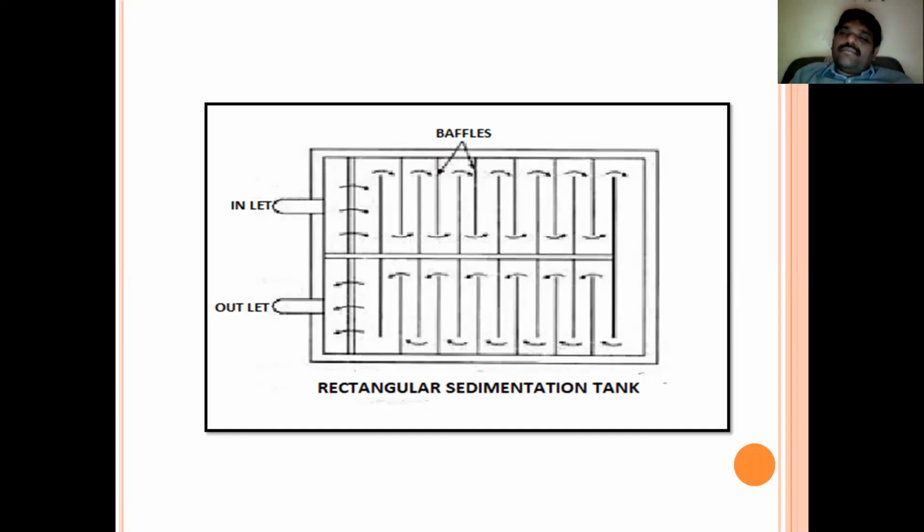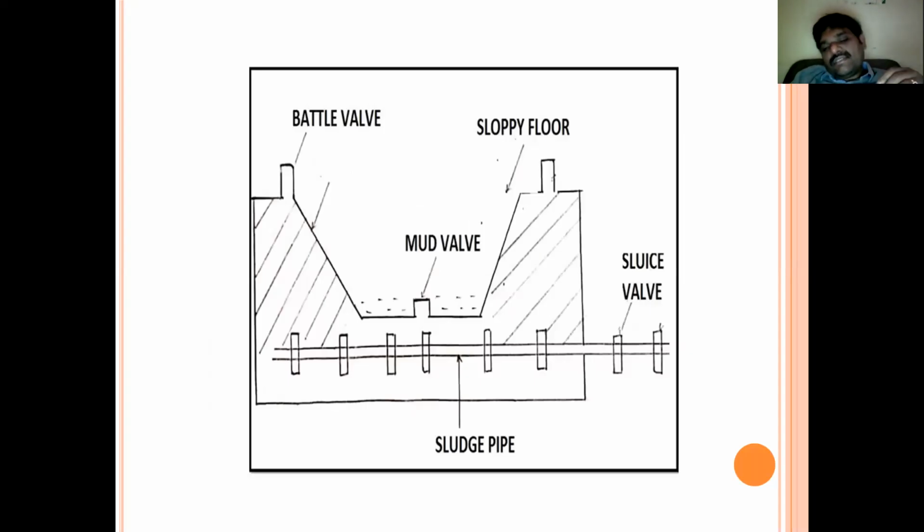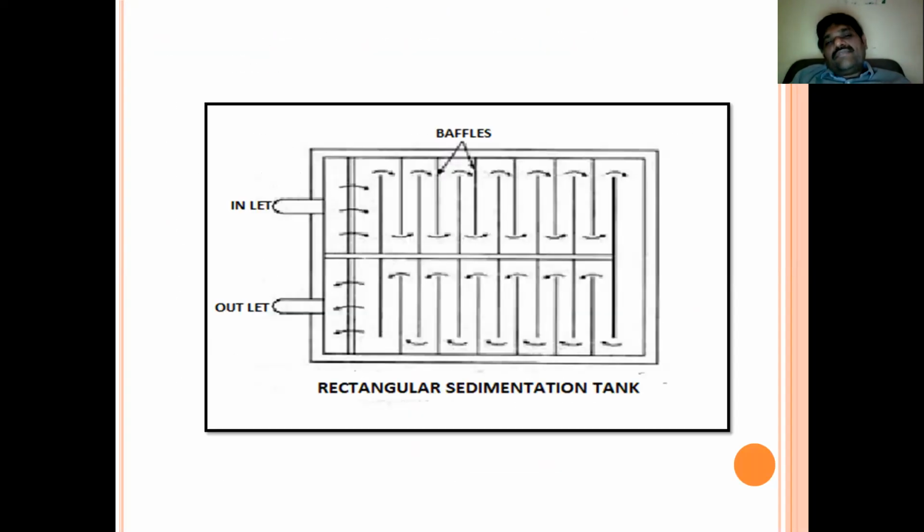Slowly, by gravity, the heavier particles will settle on the bottom. As the bottom slopes towards the center, which is connected to a sludge pipe, the settled particles will be sent off.